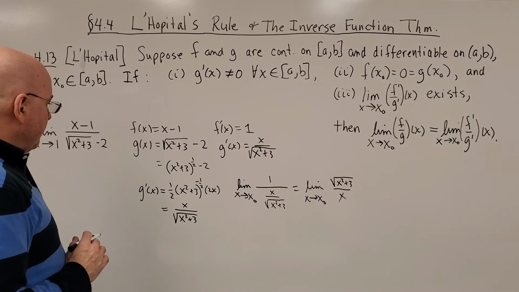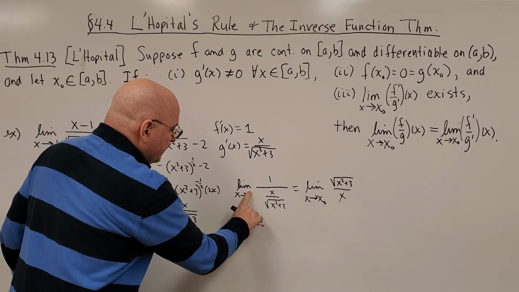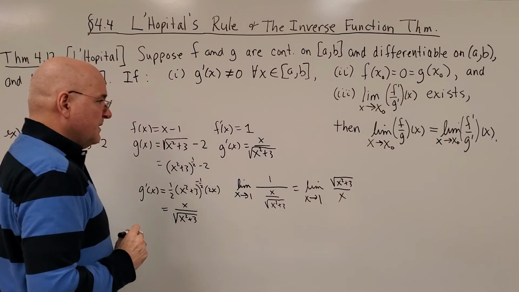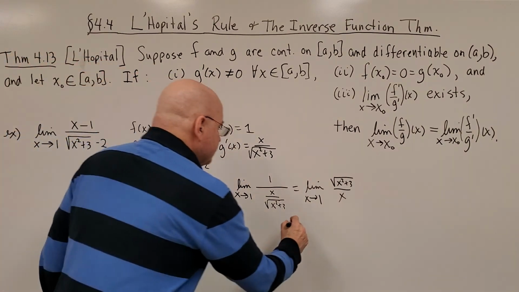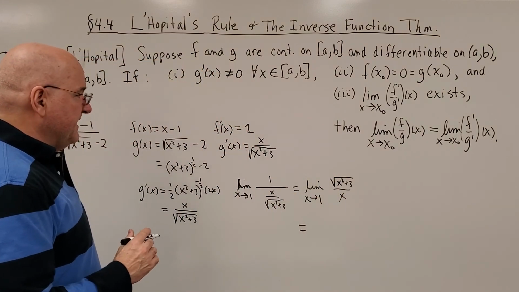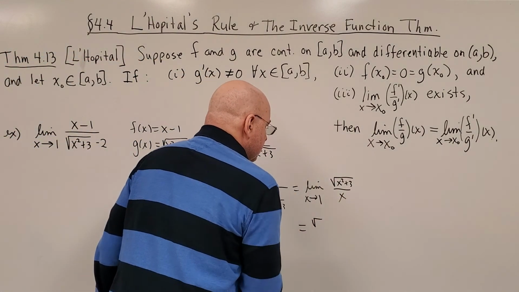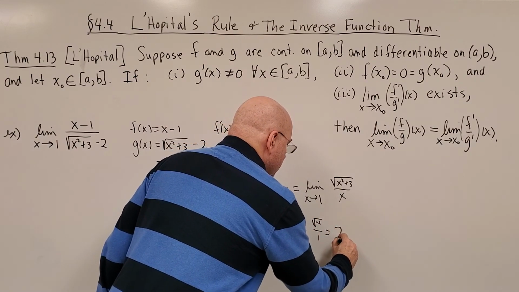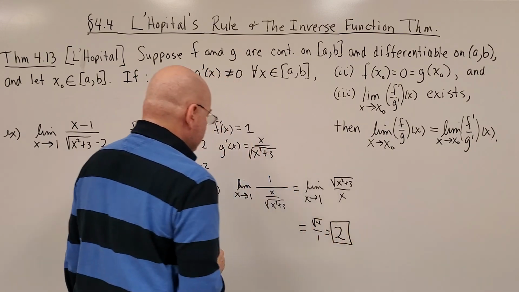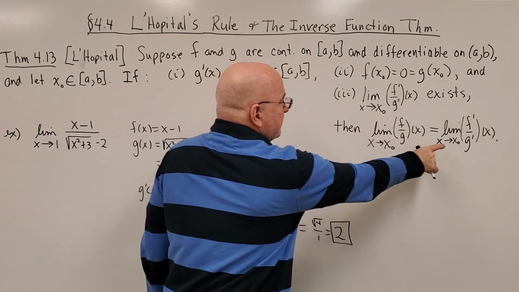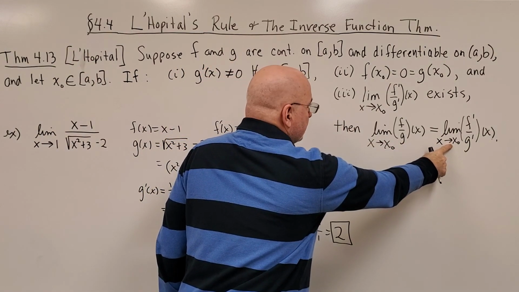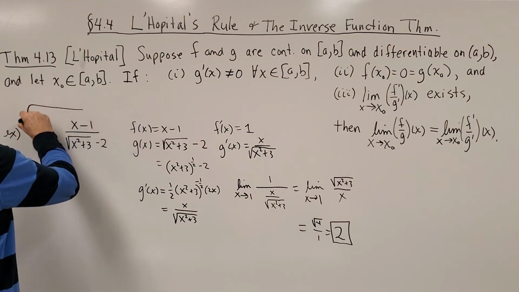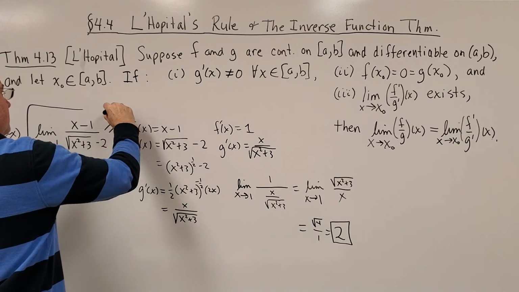So x naught is 1, so I didn't need to write x naught here. I could have written a 1 there, and here as well. So the limit of the numerator as x goes to 1 is radical 4. The bottom is a 1, so we get a 2. So the limit of this from the theorem is 2, which tells us that the original limit is also going to give us a 2. So this is equal to 2.